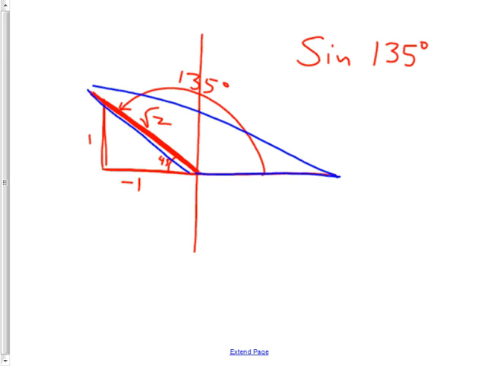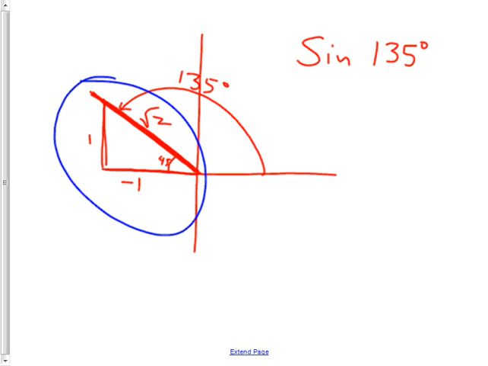But what we can do is find the sine of the reference angle that goes with it and use that answer. So to get the sine of 135, I'm going to act like they asked me to find the sine in this triangle.